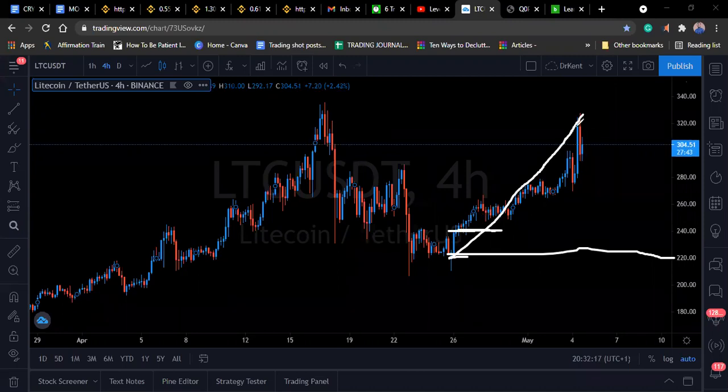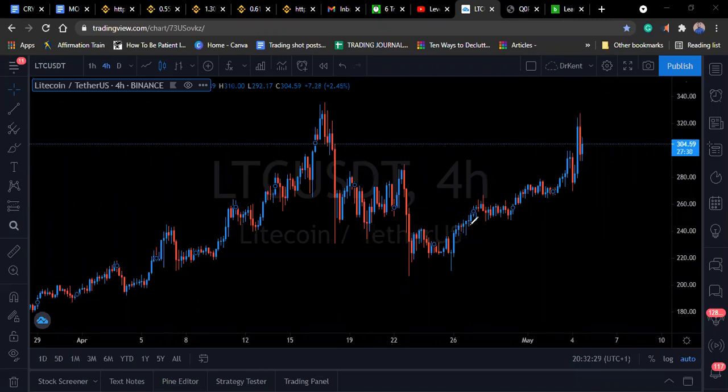So the person that bought at 300 here bought because he expects that later in the future, Litecoin might be worth $400. So if there are more people buying than there are people selling, the price will keep going up until it gets to a point where there are no more people willing to buy.